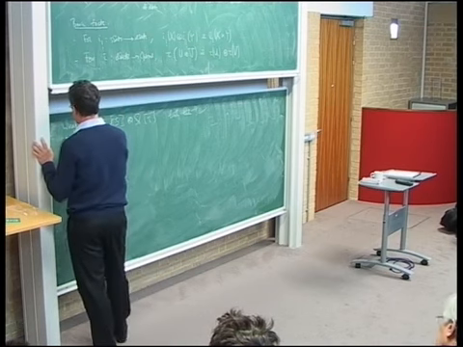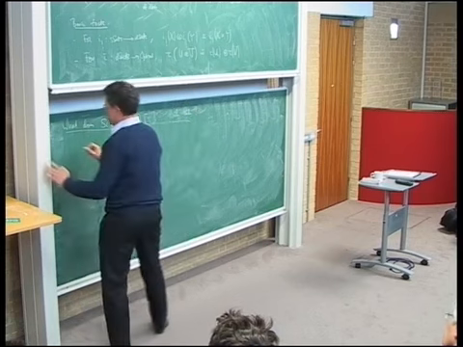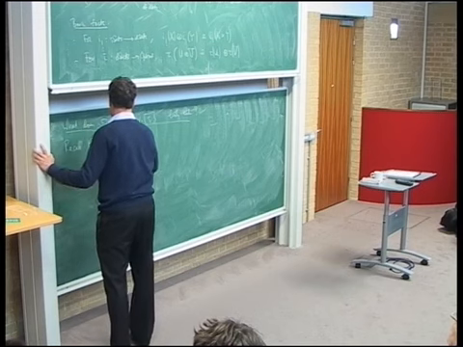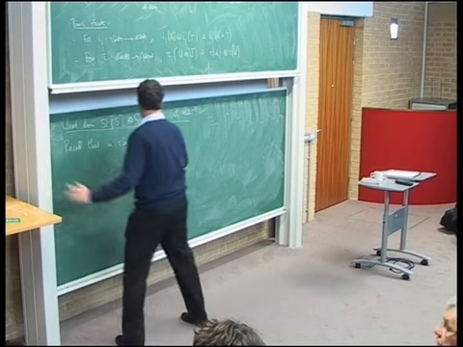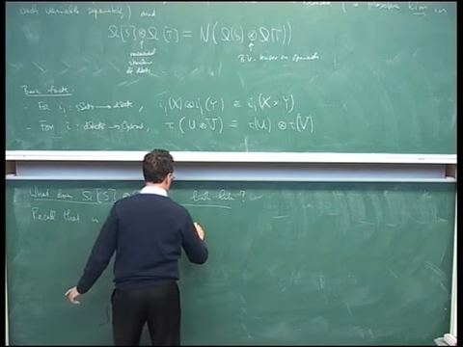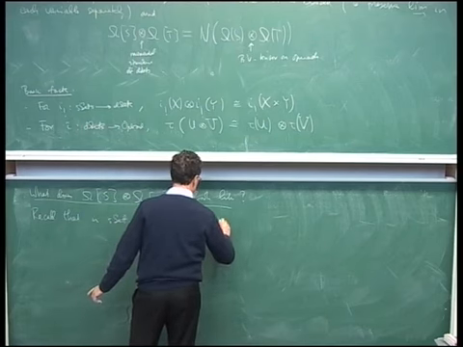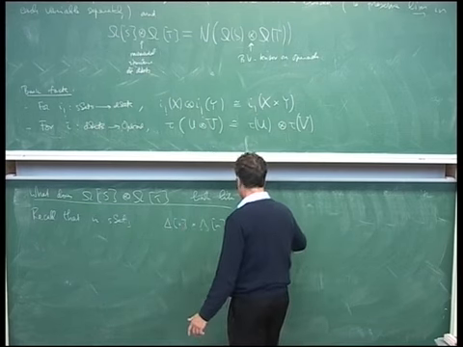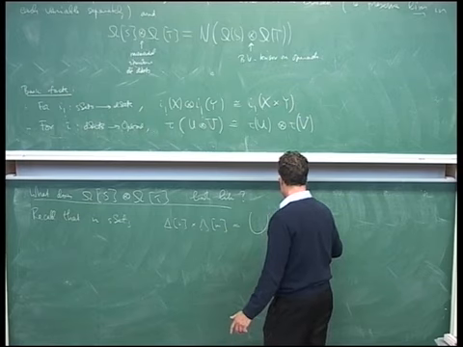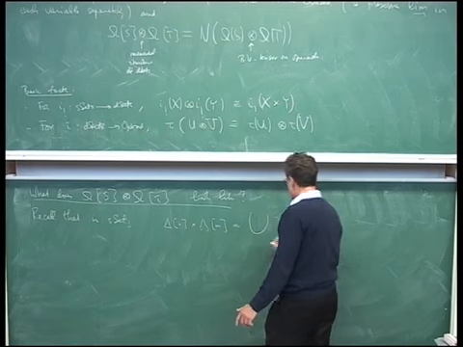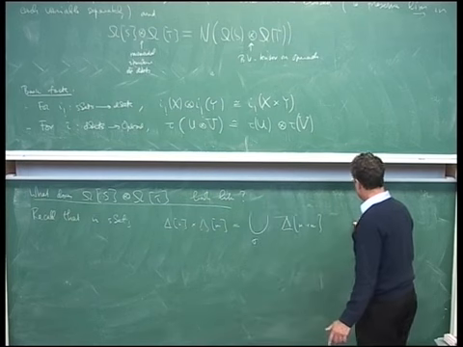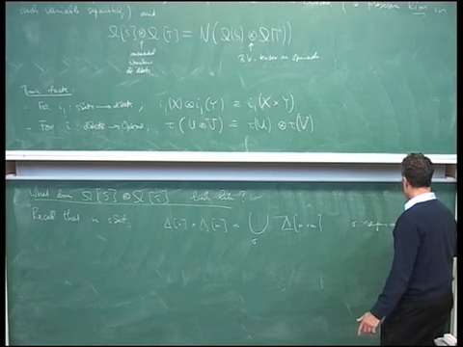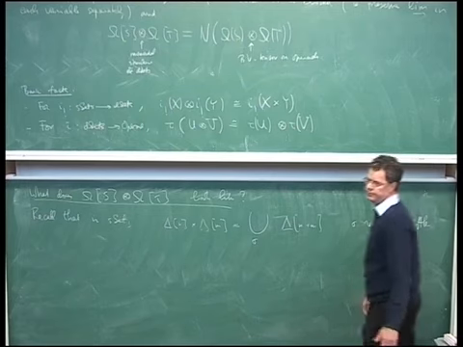So recall that in simplicial sets, delta n cross delta n, the product of two representables is of course not representable, but is a union of representables where the union is over the shuffles.